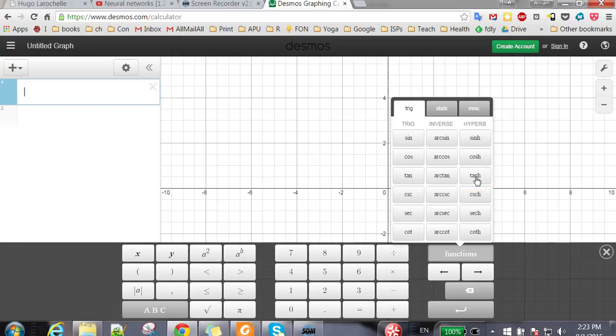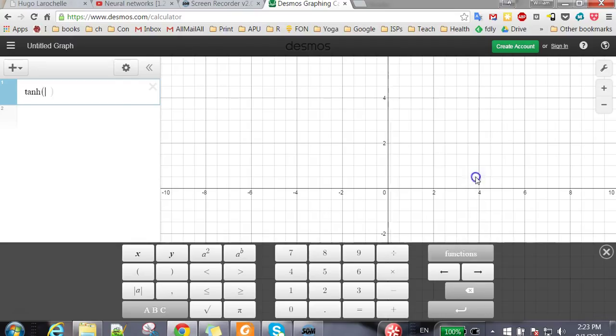Hyperbolic tangent, sorry. It's different than the arctan. Okay, hyperbolic tangent. Let's see how we do this. Not sure how to work this.